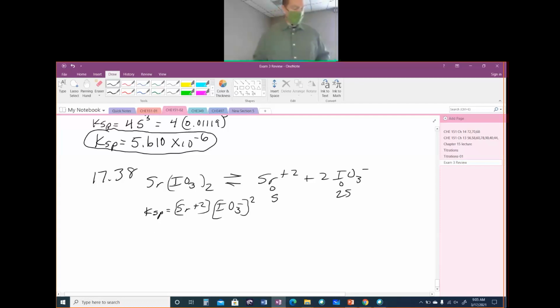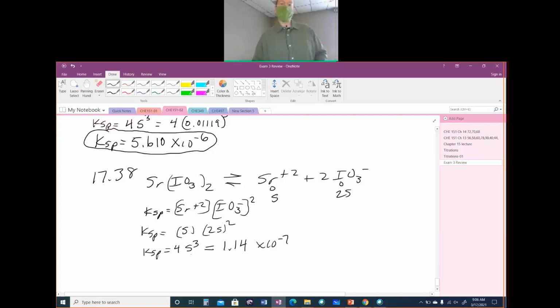And you can put those in, so your KSP is equal to S times 2S squared. So your KSP is equal to 4S to the third. This time they gave us the KSP. The KSP is 1.14 times 10 to the minus 7.